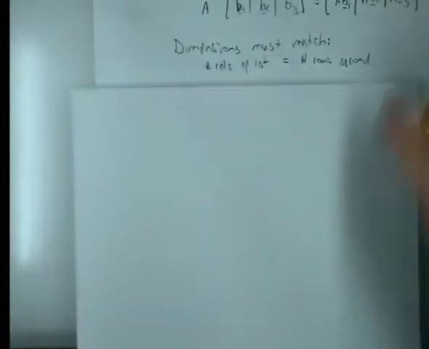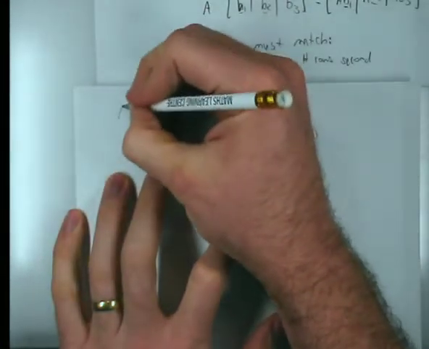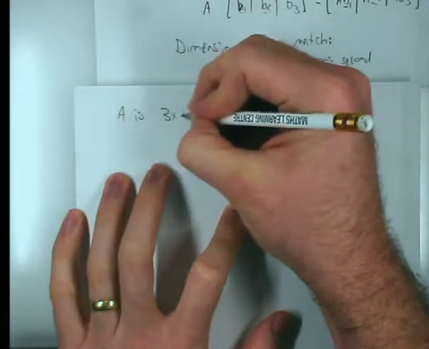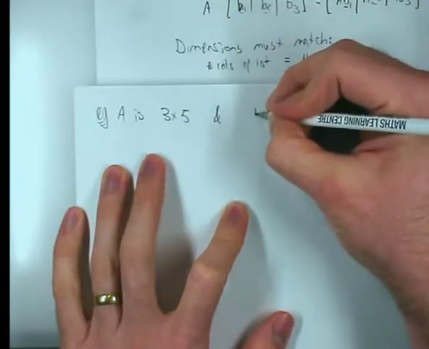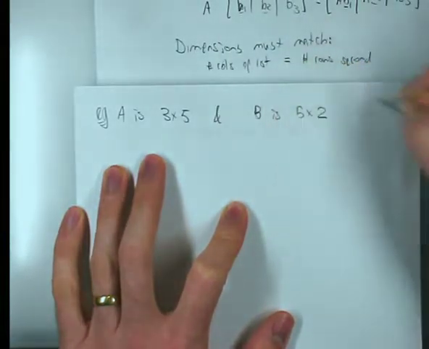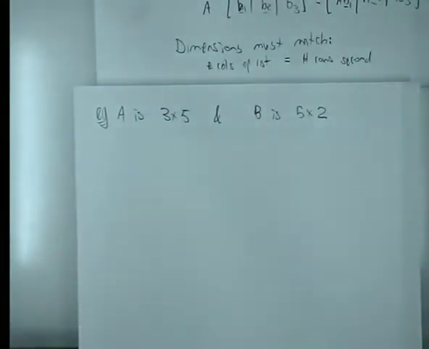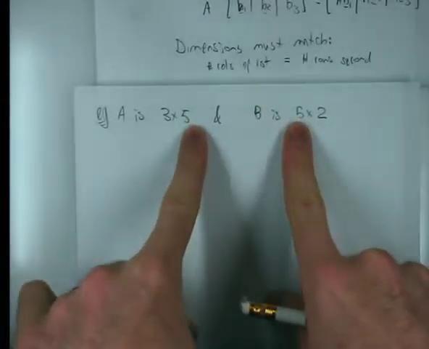So in this matching thing, if A is 3 by 5 and B is 5 by 2, I know it's possible to multiply them because this matches with this. It'll be possible to do AB.